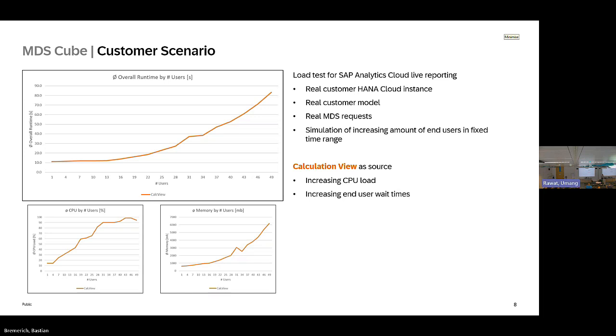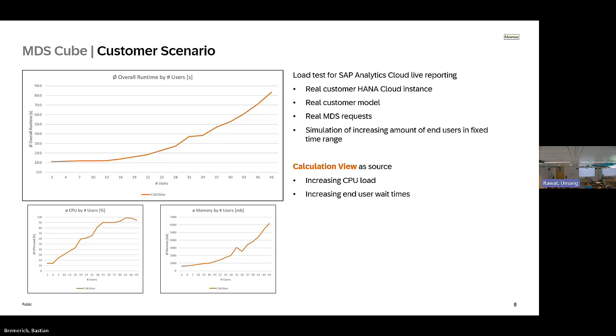The upper chart is the average runtime of such a simulated end user navigation sequence. It started at around 11 seconds. And as we increased the number of simulated users, the runtimes went up to 20 seconds, 30 seconds, 40 seconds, until we reached runtimes that were basically unacceptable for the end users.